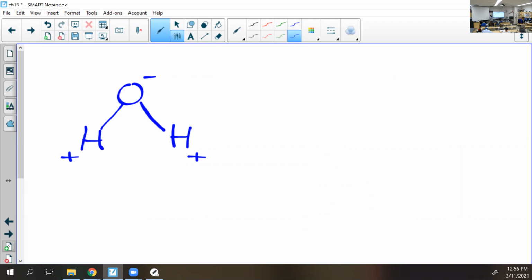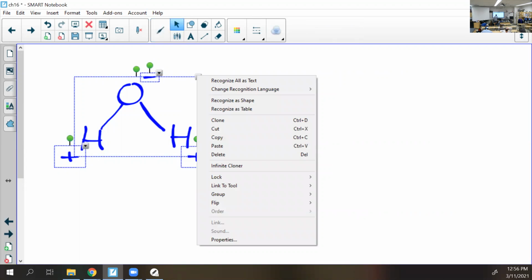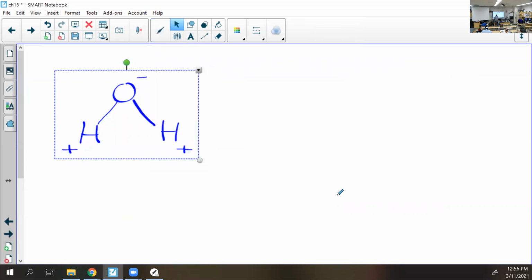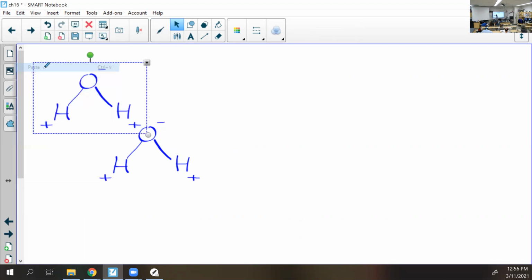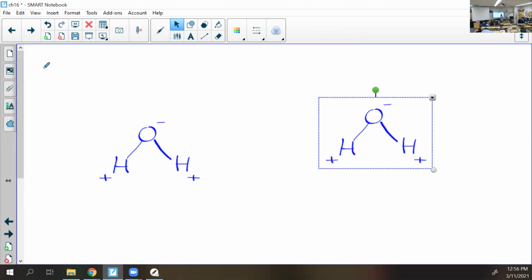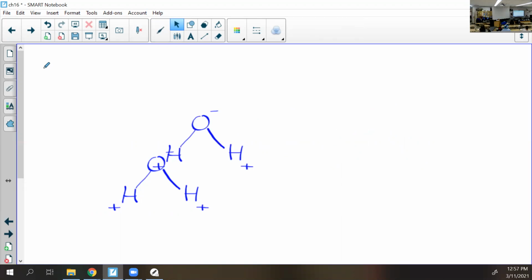If I take another water molecule and they come by each other, they're constantly colliding because everything has some energy because it has temperature, right? So water comes along, and the O negative and H plus collide.